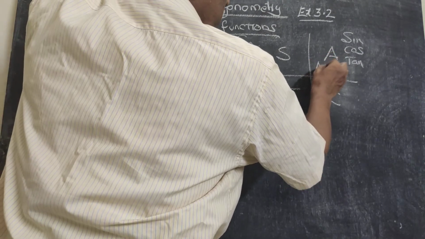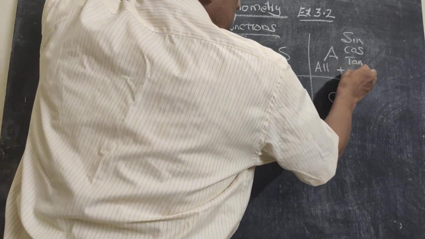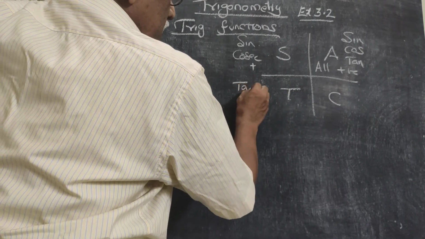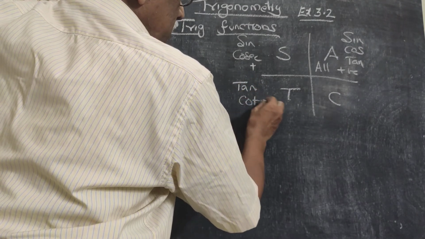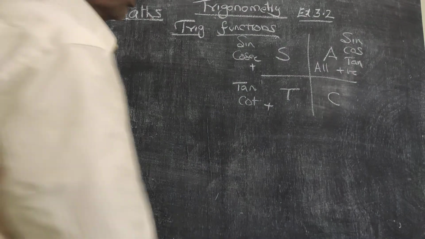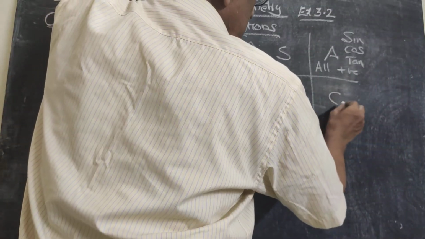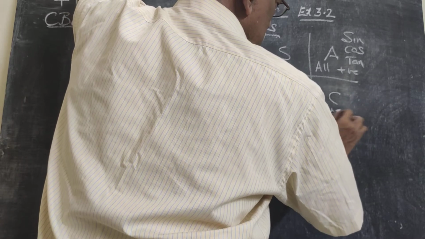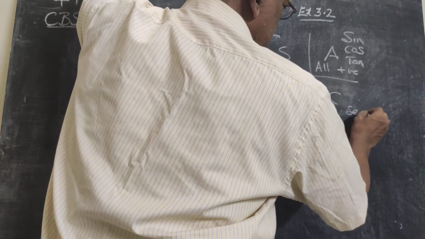Here, all are positive. Here, T, therefore, tangent and its reciprocal cotangent are only positive. And C, here cos, as well as its reciprocal secant, are positive.